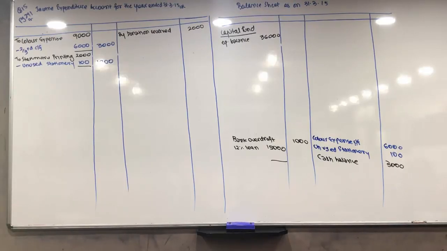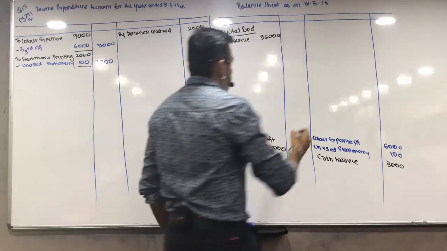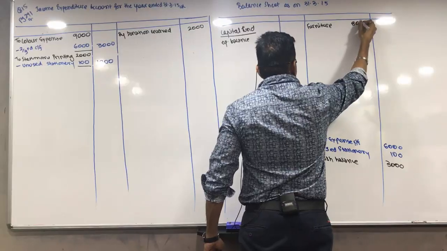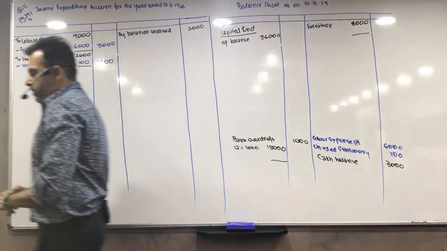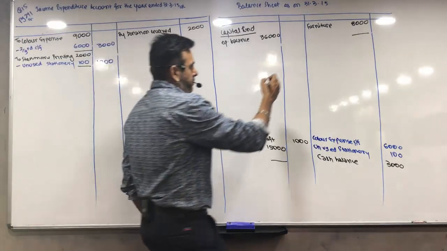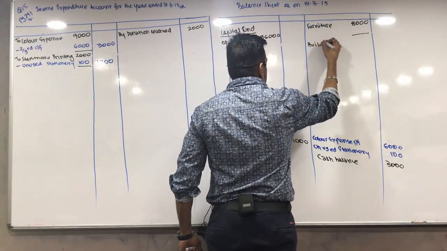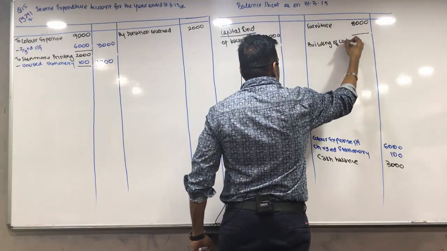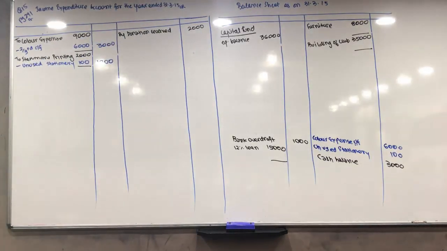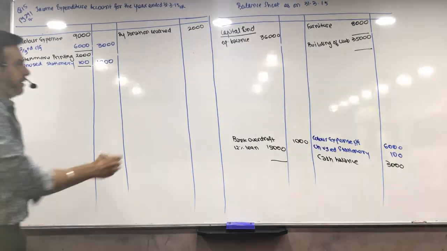Next, furniture, asset, inner column 8,000. Adjustments later. Building of club 35,000. Lifetime subscription, add to capital fund.